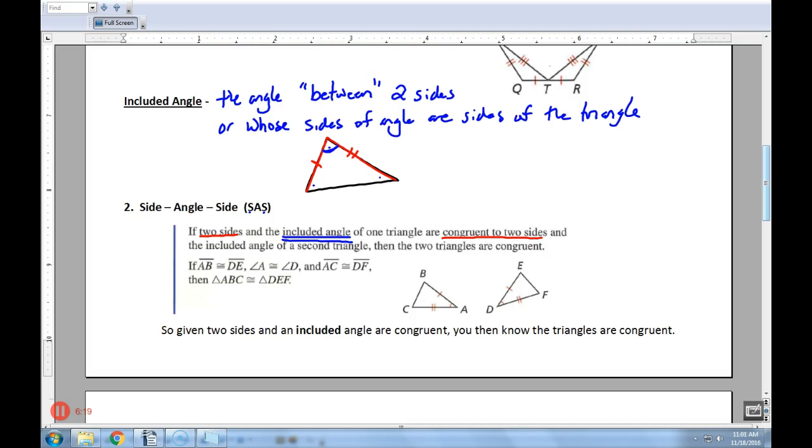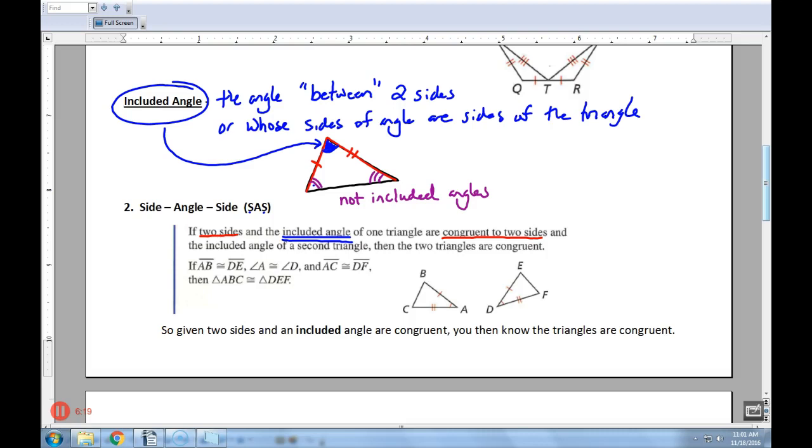So this angle right here would be considered the included angle. These 2 down here are the not included angles, at least when your perspective is coming from the red sides. So it's always the angle that touches the 2 sides that you know are congruent. That's a side angle side.